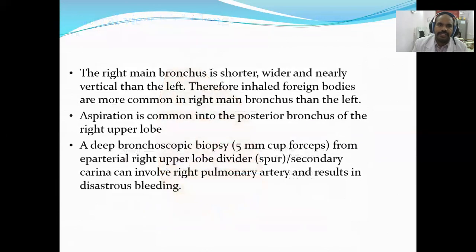The right main bronchus is shorter, wider, and more vertical than the left. Therefore, inhaled foreign bodies are more common in the right mainstem bronchus. Aspiration is common into the posterior bronchus of the right upper lobe. A deep bronchoscopic biopsy from the epitracheal bronchus of the right upper lobe divider can result in disastrous bleeding.